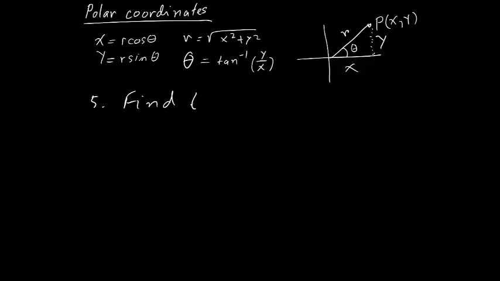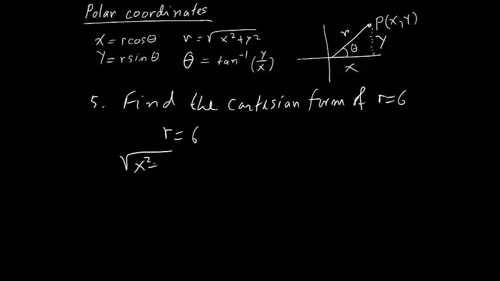Find the Cartesian form of r equals 6. So what does r equals 6 mean in Cartesian coordinates? Square root of x squared plus y squared equals 6, isn't it?